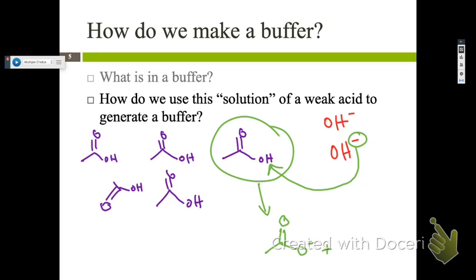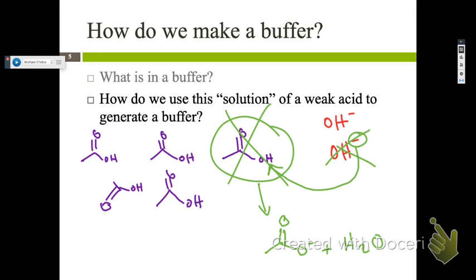Acetate and water. OH minus, H plus makes water. So that means that this guy is no longer there. That hydroxide is no longer there. We only have the acetate.